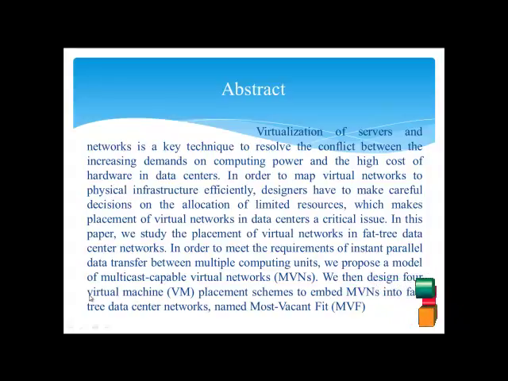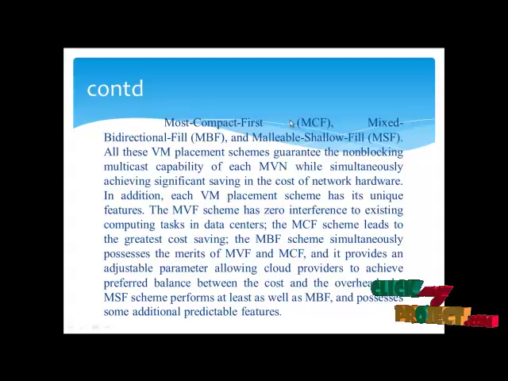We then design 4 virtual machine (VM) placement schemes to embed MVNs into factory data center networks, named Most Vacant Fit (MVF), Most Compact First (MCF), Mixed Bidirectional Fill (MBF), and Malleable Shadow Fill (MSF).